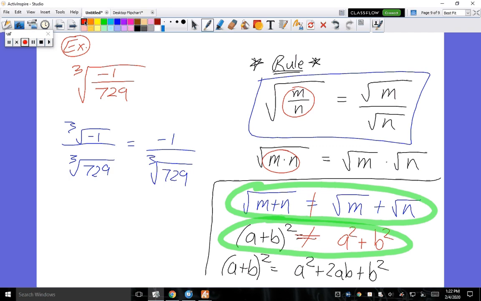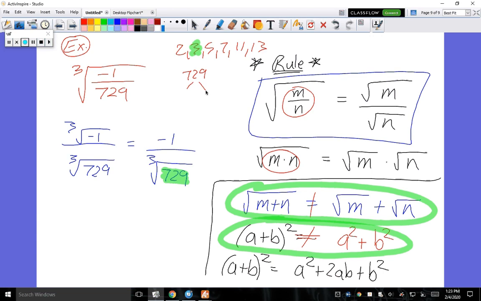If you don't, you should start with prime numbers and see, can I divide 729 by 2? No. Can you divide it by 3? You can't. Okay? For the sake of time, actually, no, I'll just do it.